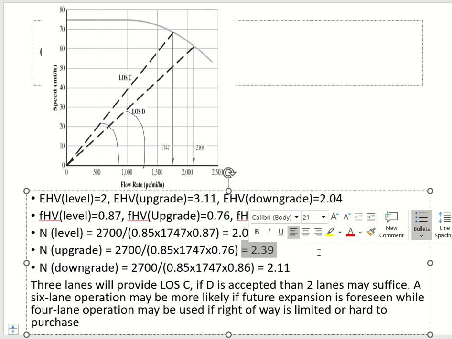So if your design volume is more than expected, or in future the number of vehicles will increase more, 3 lanes will still maintain level of service C, even with more cars or with less accuracy in the prediction. Got it? Clear? Any questions? Okay.